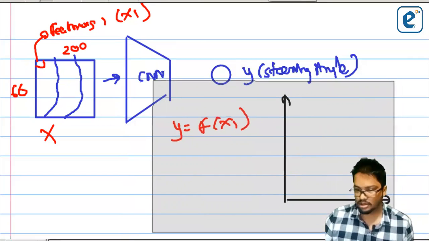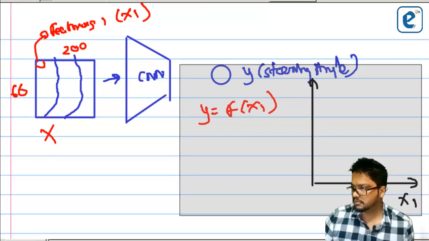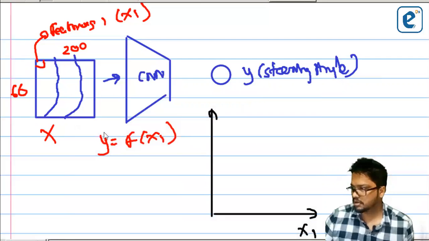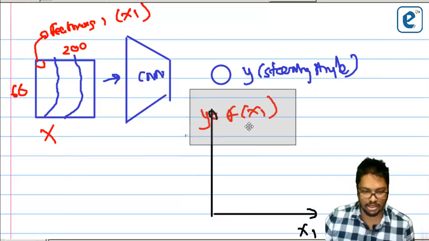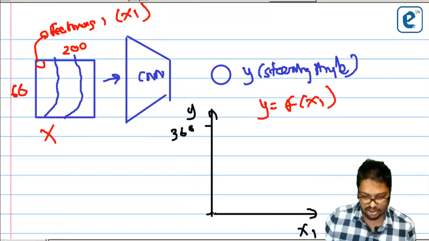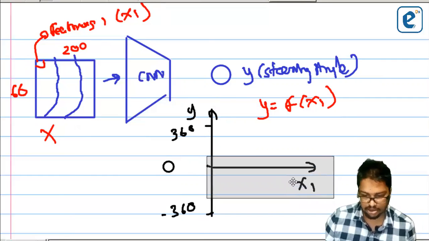Let's say the steering angle ranges from minus 360 to 360, with 0 here.